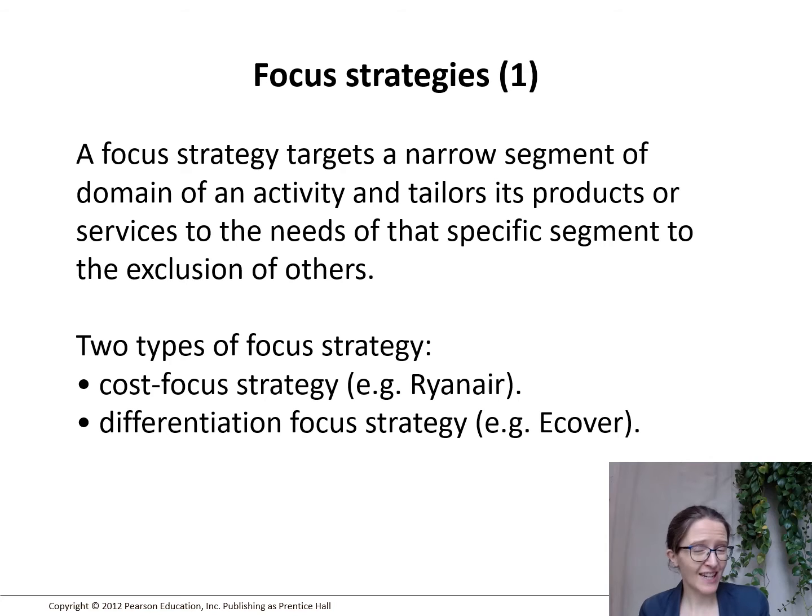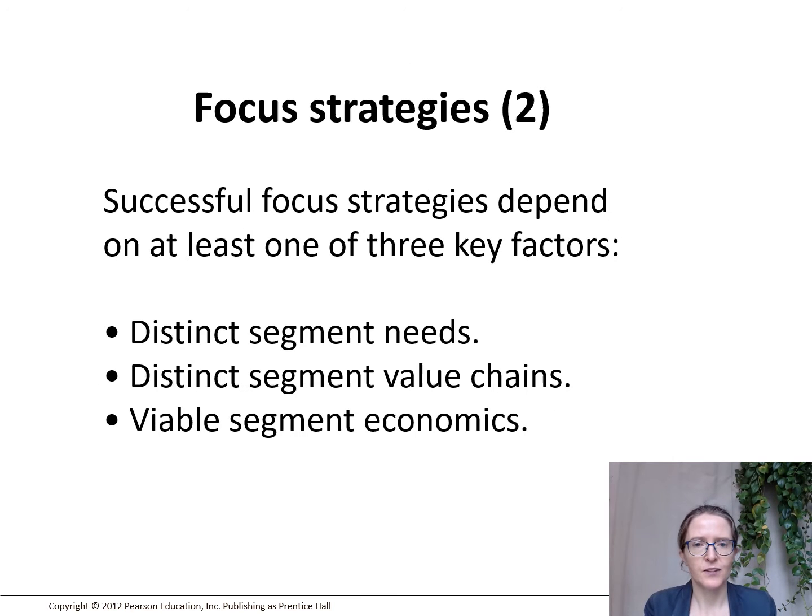Or a differentiation focus strategy. An organisation that's operating in quite a narrow field, such as eCover. eCover offers products in the area of detergents and washing liquids and powders, etc., all with this idea of being ecological. So those are two types of focus strategy.